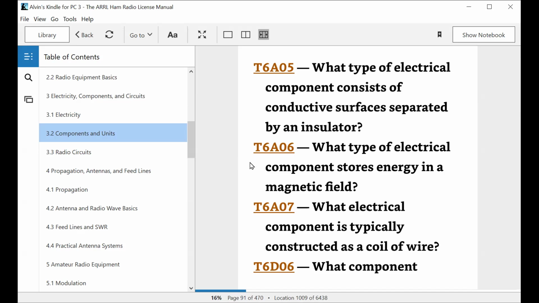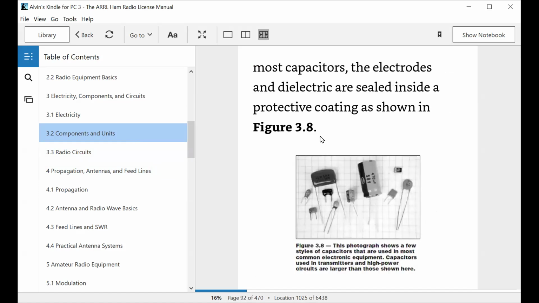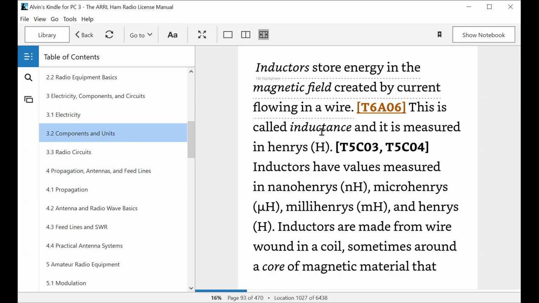It'll store in the electrical field. One of the questions they're going to ask you, let's see.